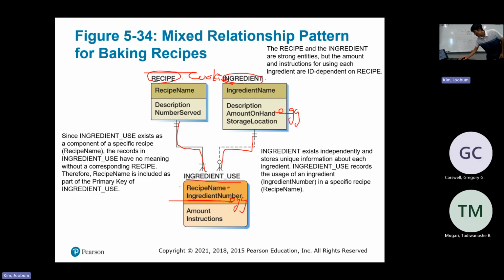So this is a weak entity to the recipe, but the ingredient used entity is not related to the ingredient. Just need 5 eggs, whatever, cookie or bread. So this is a mixed relationship. Maybe I know it's a little bit complicated to understand.